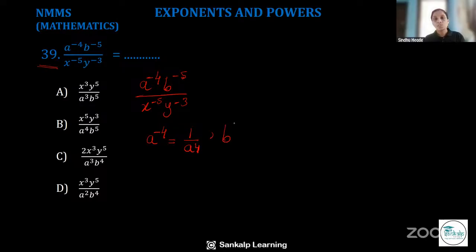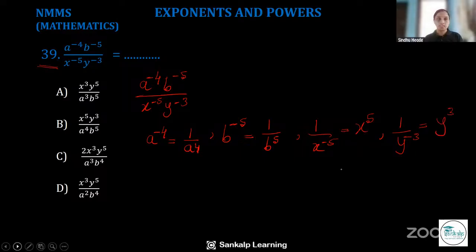Similarly, b raised to minus 5 is 1 by b raised to plus 5. Then 1 divided by x raised to minus 5 is there in the question, so it becomes x raised to 5. 1 by x is already there, so the inverse becomes x by 1. Simply it is x raised to 5. Similarly, 1 by y raised to minus 3 becomes y raised to plus 3.